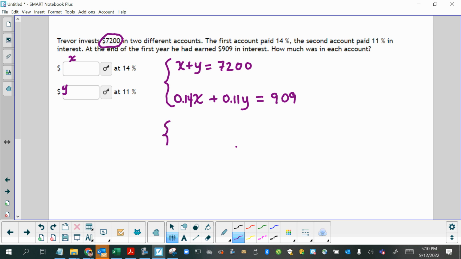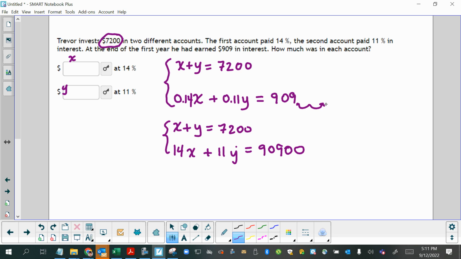And so we would have this equivalent system, the first equation unchanged, the second equation now 14x plus 11y equals, I'm going to put two zeros on the end of 909 since this decimal moved over twice when we multiplied it by 100.